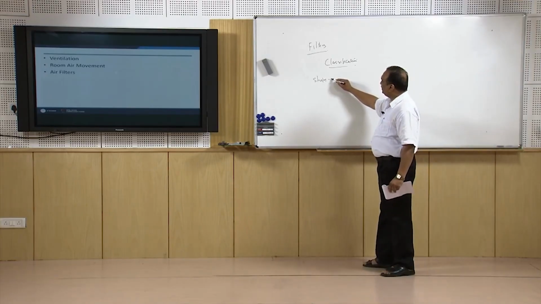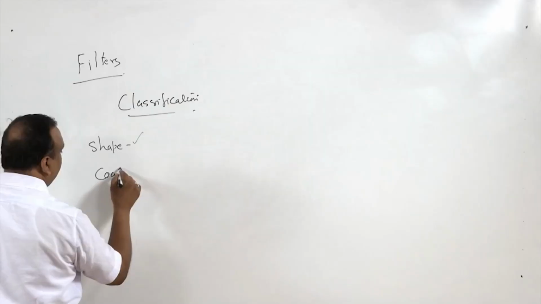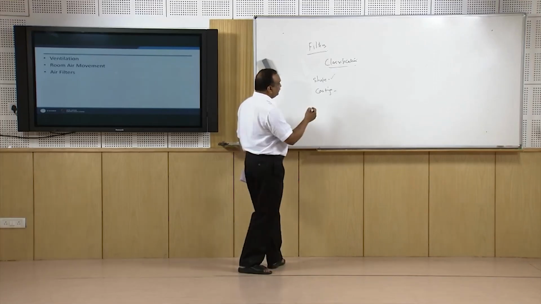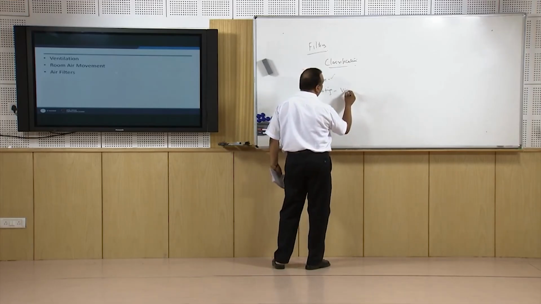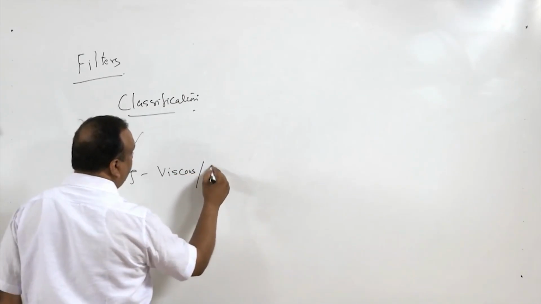So as per the shape of the filter they can be classified. By coating of the filter, meaning whether it is a dry type filter or has some viscous coating. Sometimes viscous coating is done in order to remove the particles. Viscous type or dry type filters.